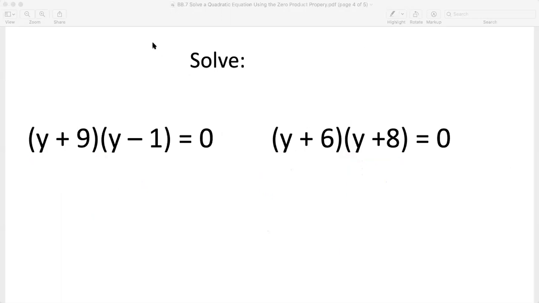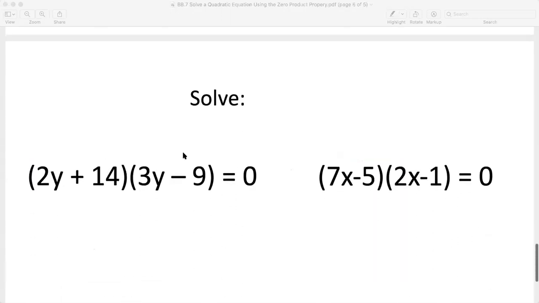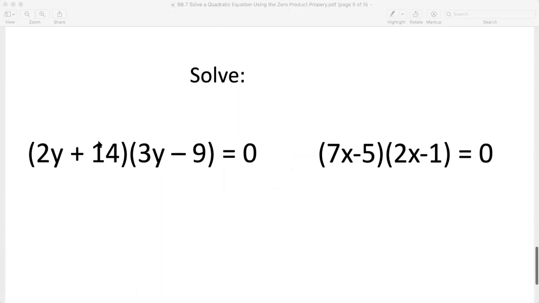Now on my next examples, I'm going to have a coefficient in front, and that's going to change things, okay? So for example, my answer here is not negative 14 because this 2 is going to affect it. So yes, you can use the opposite shortcut, but only when your coefficient here is 1. In this case, it's going to be different. So 2y plus 14 is 0. 2y equals negative 14.